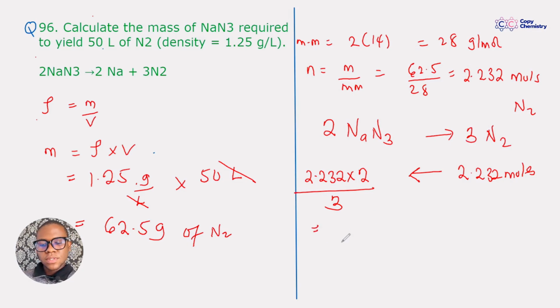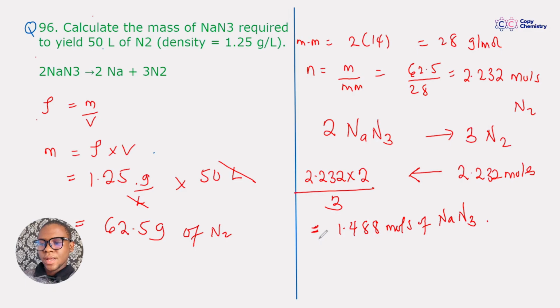So that will just give us 1.488 moles of NaN3. Okay, it's going well.